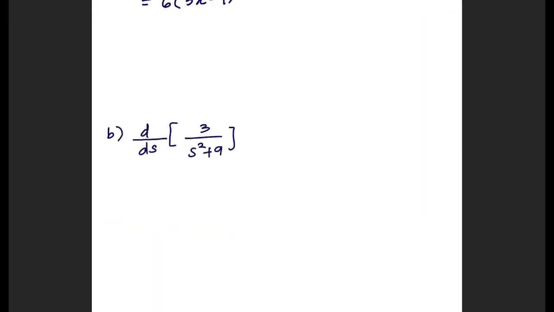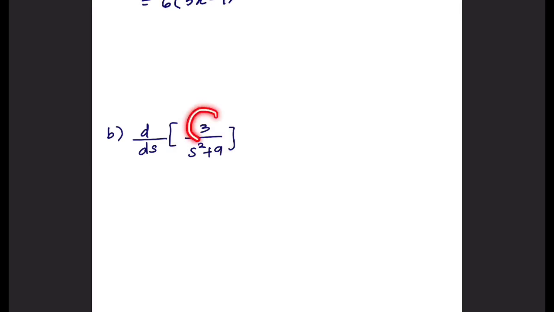Let's look at question B. If you see this kind of question, this refers to differentiating, d power of 1 over ds power of 1, so you differentiate this function one time.